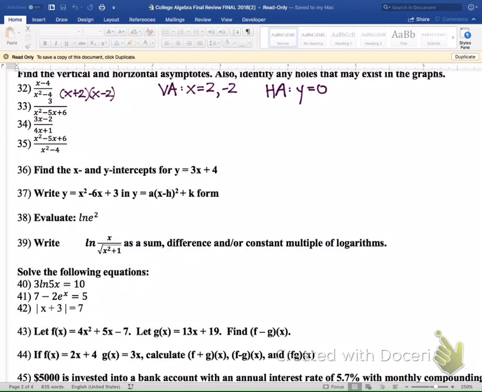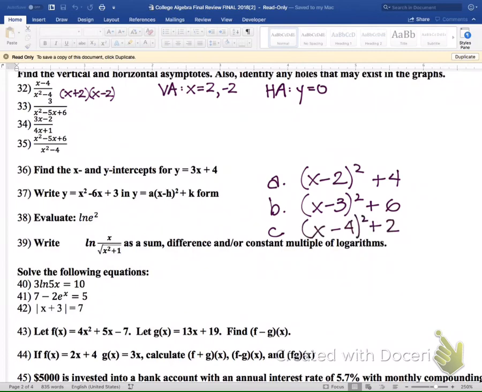The easiest way to do 37 is either to graph the quadratic and find where the vertex is, because it's either going to be a minimum or a maximum, right? It's either the bottom of the U or the top of the U, and then just plug it in. Easier than that, to me, your multiple choice answers on this type of thing would be like this. I'm just making up random ones because I don't know what the answer is right now. What could you do with all of your multiple choice answers?